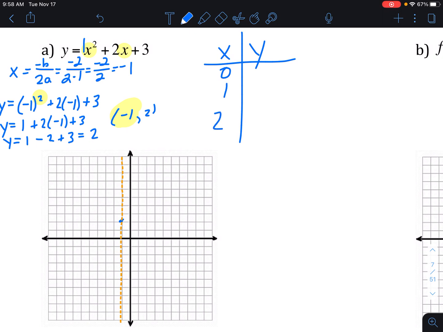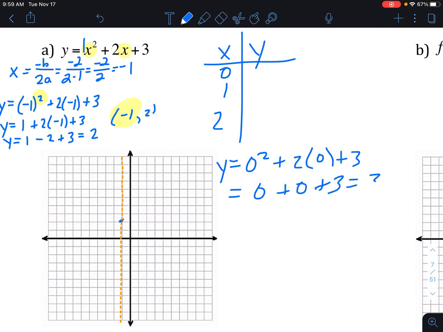And then what you're going to do, like what you did with the vertex back here when we solved for y, you're just going to do that again 3 more times. For example, you will take the 0 and plug it in for the x's. And then you will solve. So you will get 3. So that's another point that we'll graph in a minute.